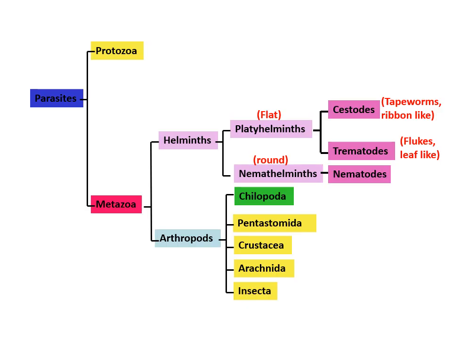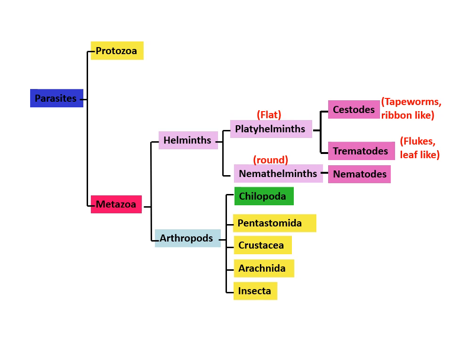Just a quick reminder, if you remember, we divided the parasites according to the number of cells into protozoans, which are the unicellular parasites, and metazoans, which are the multicellular parasites. Metazoans were further divided into helminthes and arthropods.